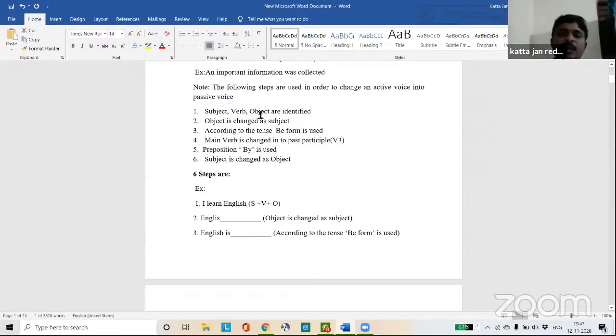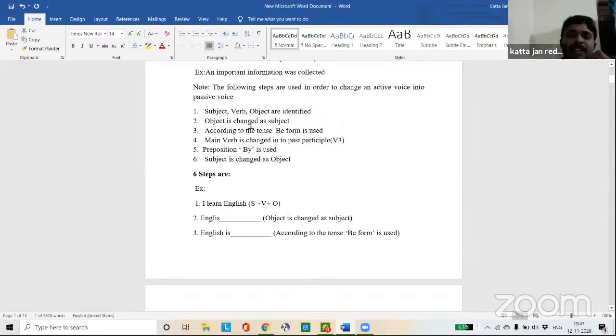See, subject, verb, object are identified. See here in this sentence, I took the same example. I learn English. Subject, I; verb, learn; object, English. First step is this.